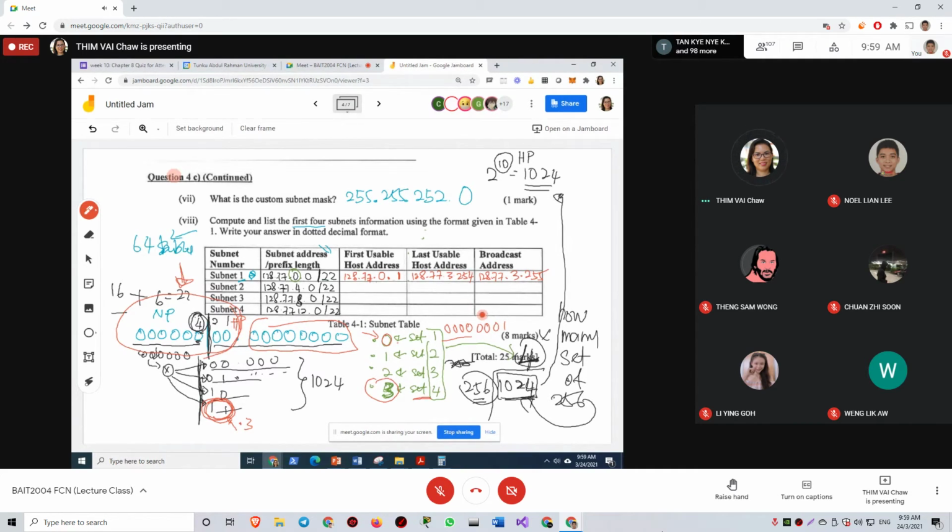So actually, I look for the magic number so that you can easily do the calculation. You just need to add, because the size of each of the subnets here is the same, or you have the same number of usable host addresses. So over here I will write 128.77.4.1.